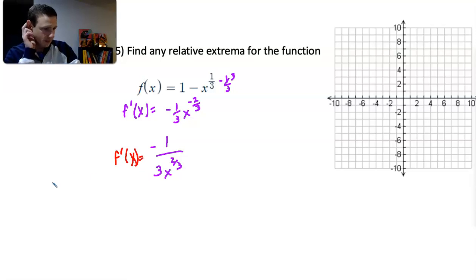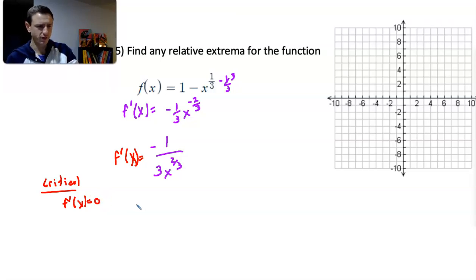So my next step is going to be finding critical values. Critical values are going to be where the derivative is equal to 0 or where the derivative does not exist, where we can't take the derivative, at points where the graph is non-differentiable.